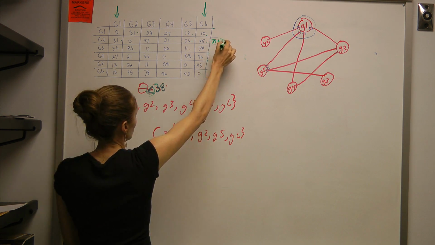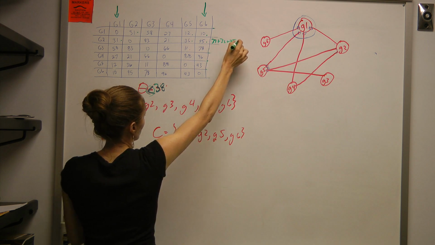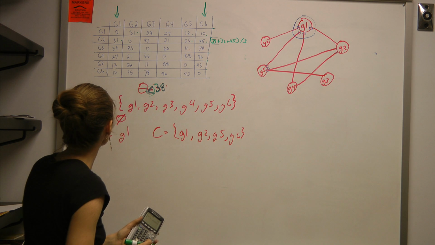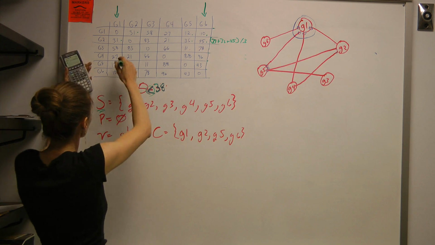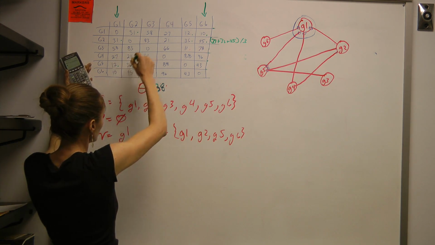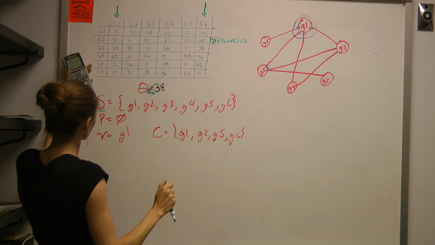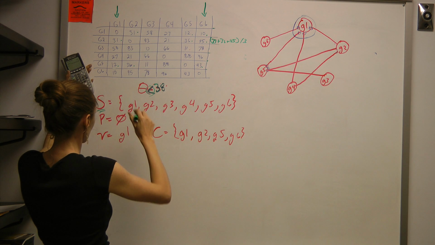31 plus. And then G5 is G1, G2, and G6. That's within our threshold.